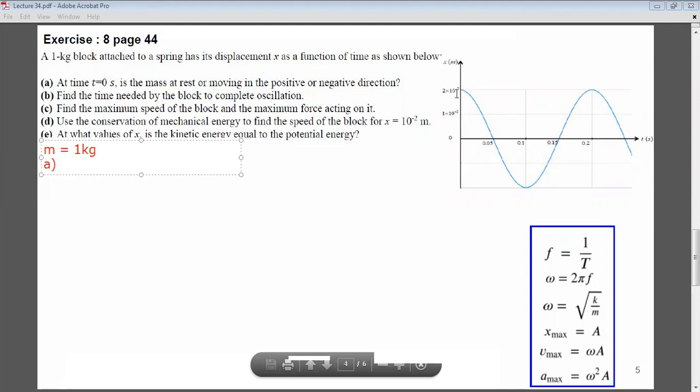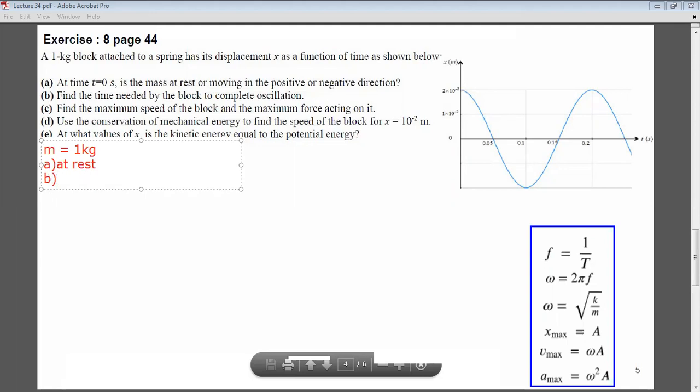Okay, we have to remember that at time equal to zero, x equal A. So what happens when the spring is at maximum elongation? It is then released from rest. So it's at rest.